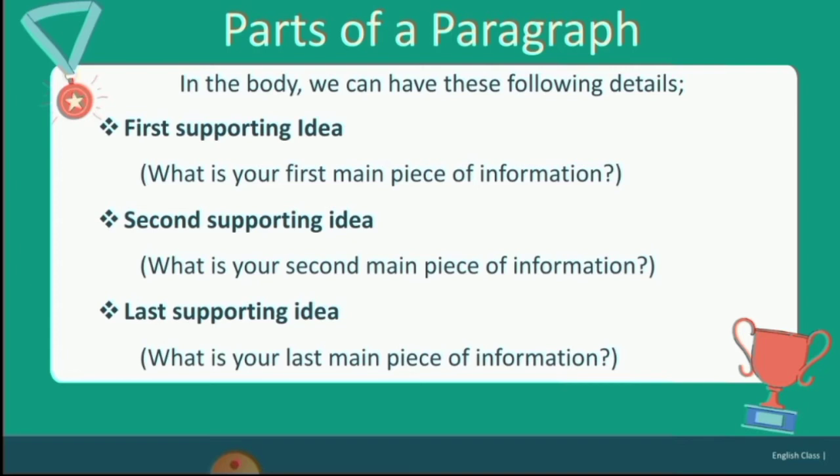And then we have the second supporting idea, wherein you will write your second main piece of information, or you can say the second most important thing about your topic. Then we have the last supporting idea, wherein you will write your last main piece of information.